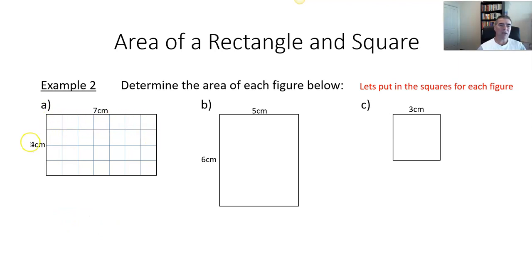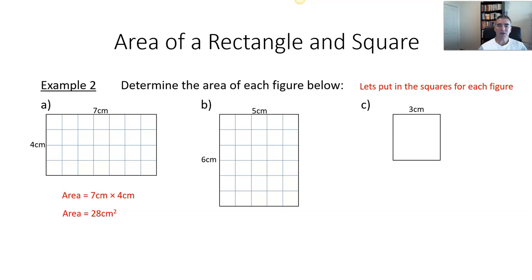We've got another 7 here, another 7 there, and another 7 there. So we've got centimeter by centimeter, 1 square centimeter this time. We can say we've got 7 lots of 4, or 4 lots of 7, and that gives us 28 square centimeters. This time I know that I'm using centimeters, so I've got square centimeters there.